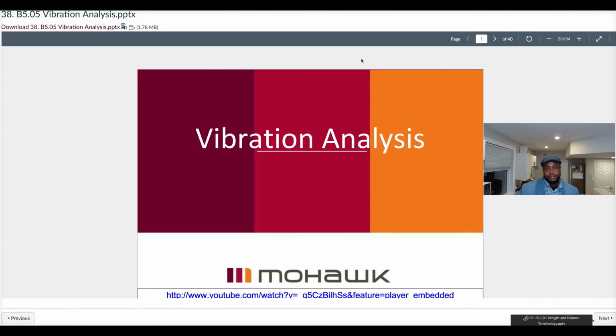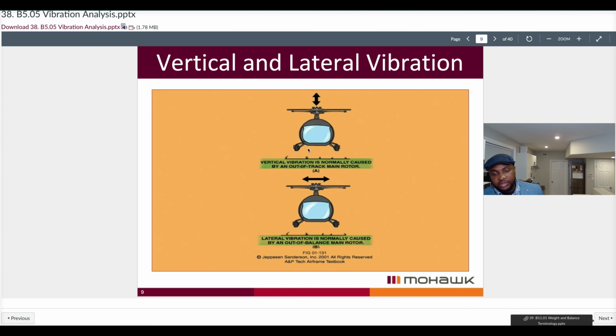This image here shows the vertical plane, and vertical vibration is typically caused by an out of track condition. This out of track condition refers to when one blade is flying out of phase from the other blades.